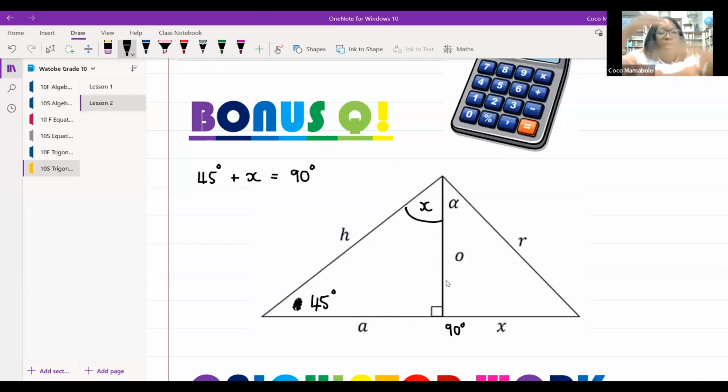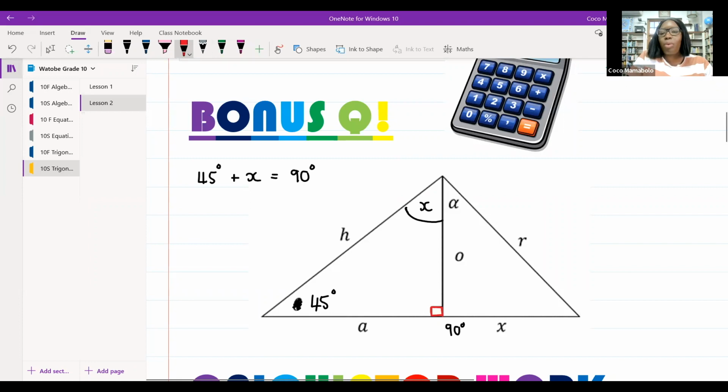I've already skipped the 180 step because I already know that this little box over here is 90 degrees, so I don't need to put 90 on both sides. I'm just going to write 45 plus x is equal to 90 degrees.